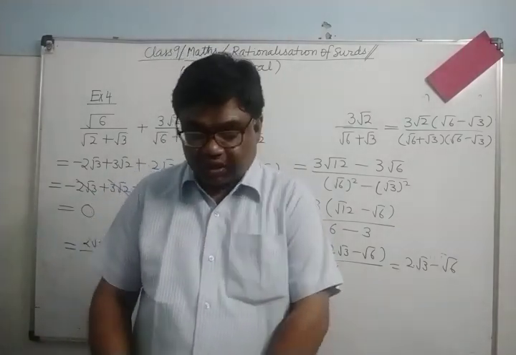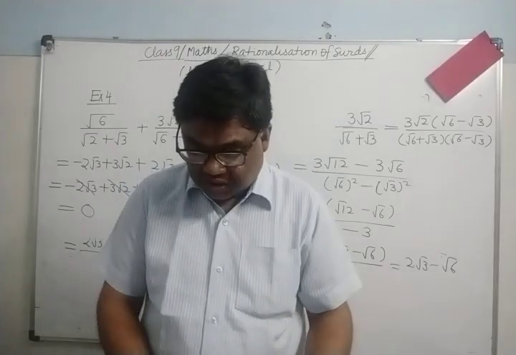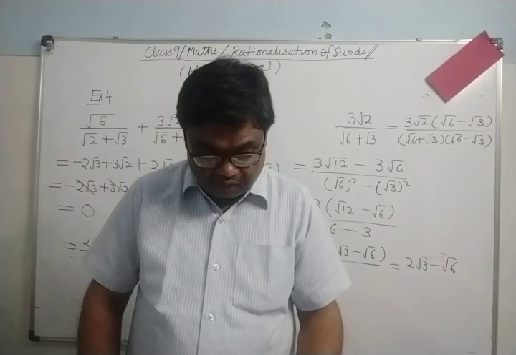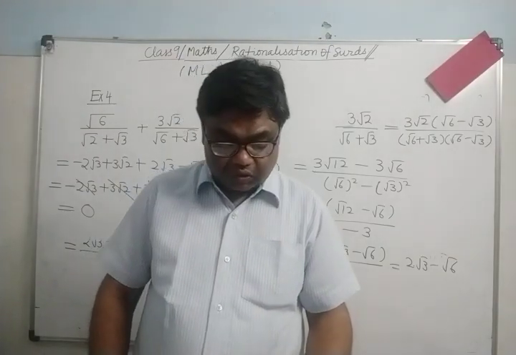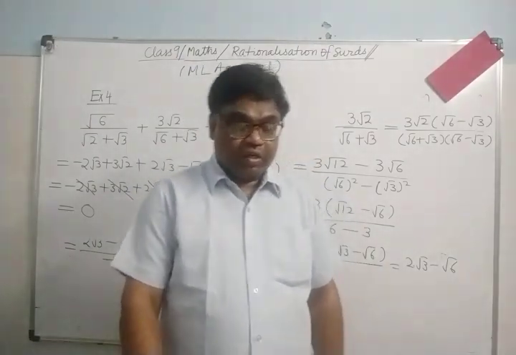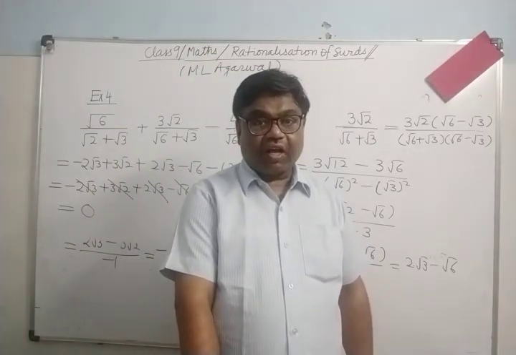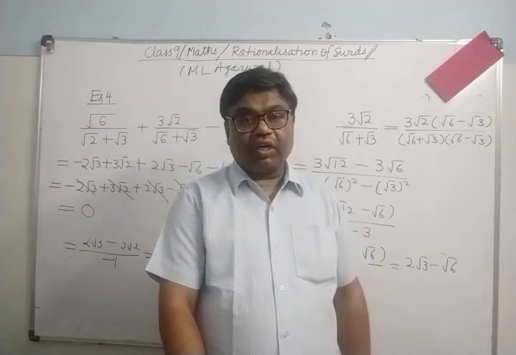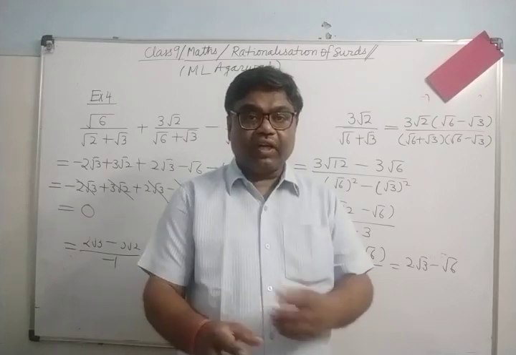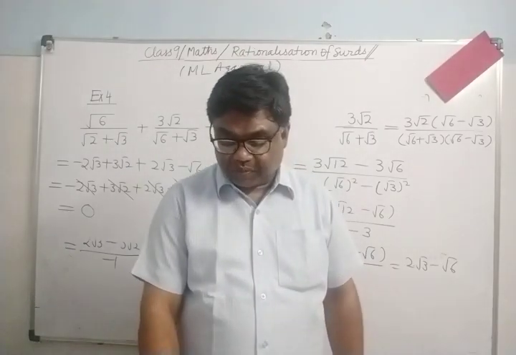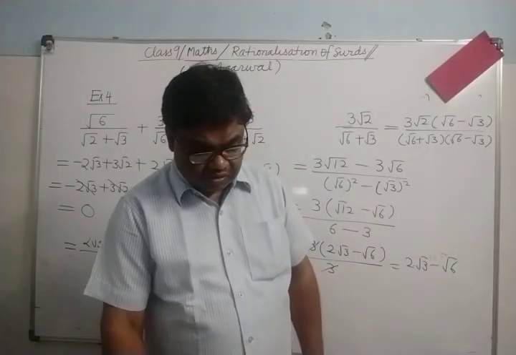The questions which are in the beginning, each of these you can do. Question number 1, 2, 3, 4, even 5 also you can do. It's clear? Even 6 also. 6 is the same thing. Here the denominator of one is the conjugate of the other. So you will take the LCM. You will not simplify separately. So thank you.